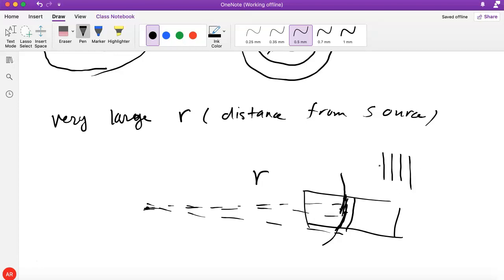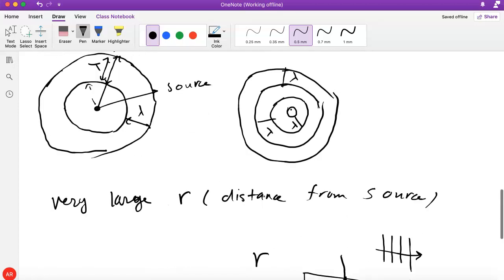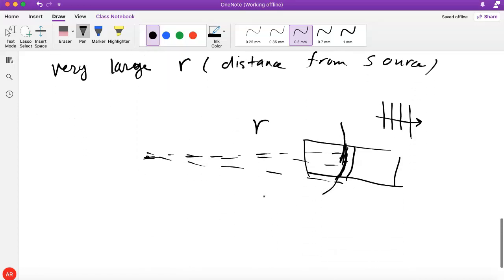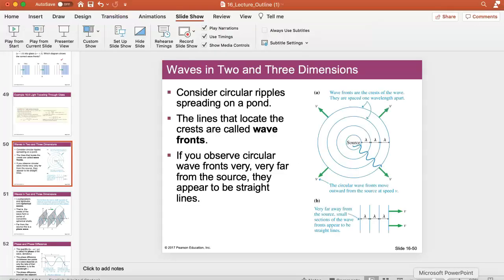And then it seems the wave is just propagating in a one-dimensional line because the direction of propagation is perpendicular to the direction of wavefronts. So that's a limit where effective one-dimensional propagation can emerge from higher dimensional propagation. Okay?